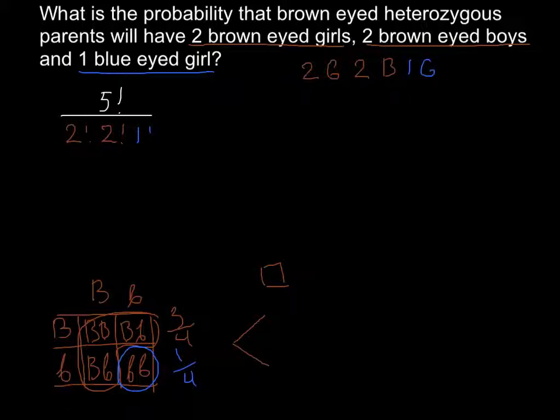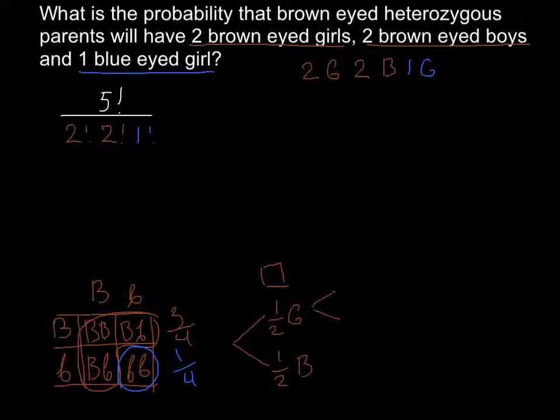On the first step, we have the probability for the child to be of a specific gender. As you should understand, the chances for the child to be a girl or a boy are equal. So this would be 1/2 chance for the child to be a girl and 1/2 chance to be a boy.